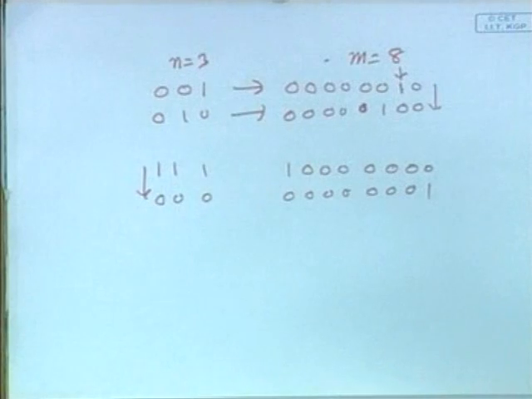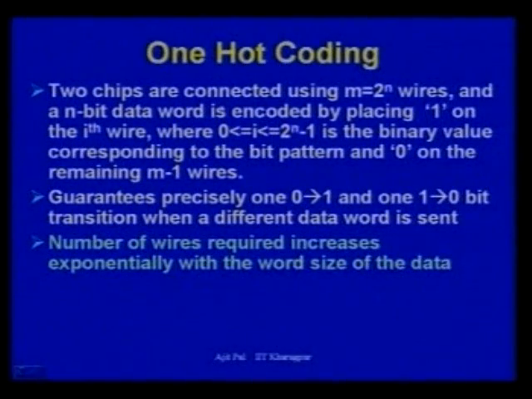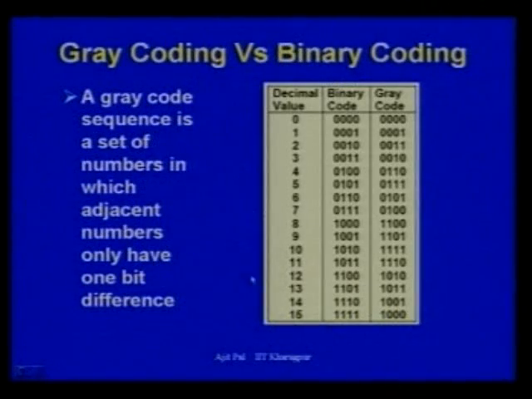So this is the basic idea of one hot encoding. It is possible to reduce power dissipation, but the number of lines increases, so it is not a very good approach.